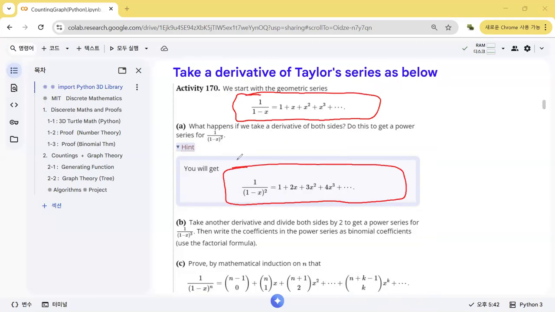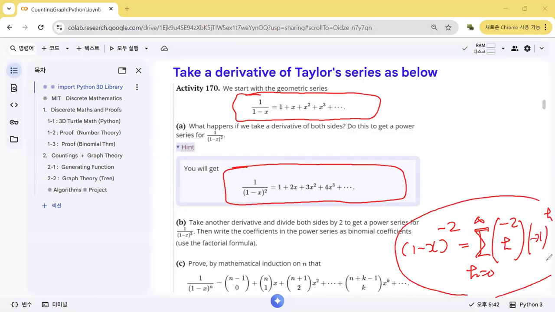Using the generalized binomial theorem, you may use minus 2. Then what is this? This one is the sum over k from 0 to infinity of minus 2 choose k times minus x to the k. So this is the generalized binomial theorem. Then you can get this result.